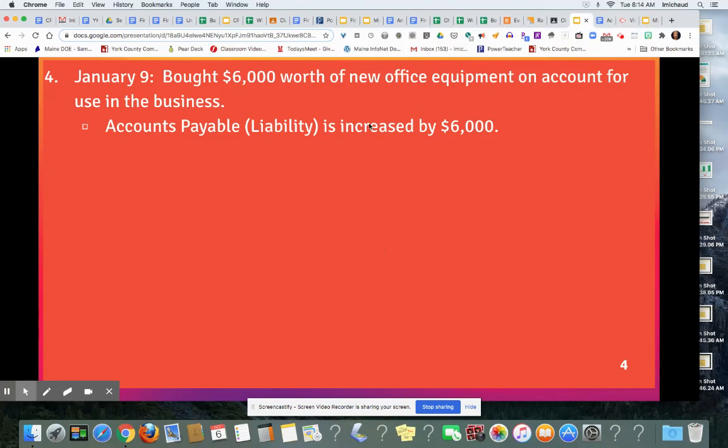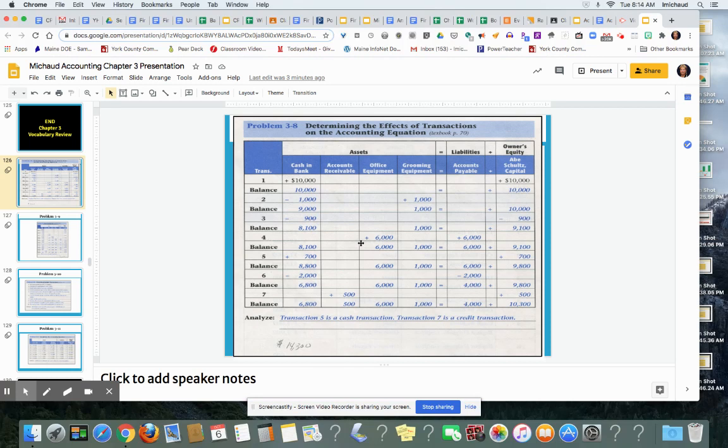And we have office equipment now, so that's an asset that's increased by $6,000. So transaction 4, we go back to our sheet. $6,000 for office equipment and $6,000 for liabilities. And then write down all of the balances here. Now we have $6,000, $6,000 accounts payable, and the other amounts remain the same.